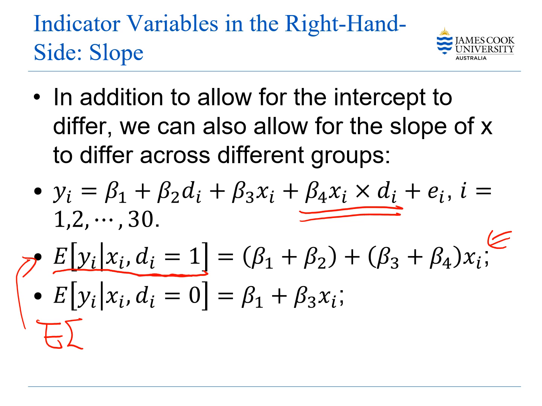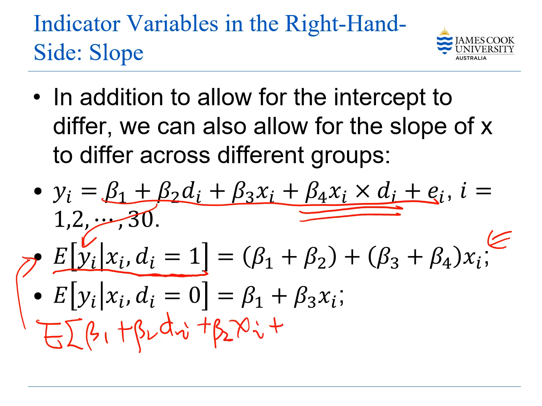Again, I emphasize that conditional on random variables means we are going to treat these random variables as constants. So let's plug this equation in here. We get the expected value of beta 1 plus beta 2 di plus beta 3 xi plus beta 4 xi times di plus ei, conditional on xi and di equal to 1.